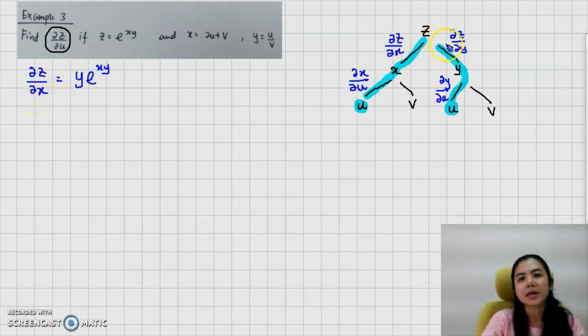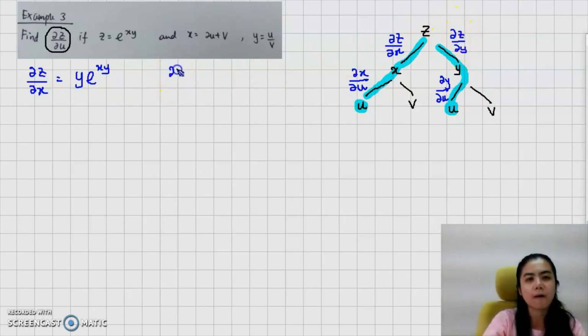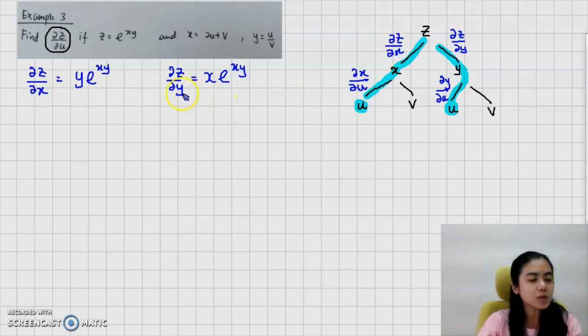How about next? You're looking for ∂z/∂y. Now you treat x as constant, so you have x e^(xy). Alright, once you have that, let's go down.